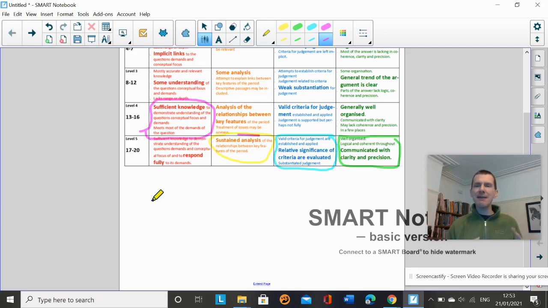So the fact they haven't mentioned those laws is an oversight, but it hasn't decreased the quality of their argument. It wouldn't have disproven their argument, I suppose is what I'm trying to say. Ideally, we'd expect that in there, and sometimes it's hard to think, oh, you couldn't have fitted that in. Well, in this case, I think they could have done.